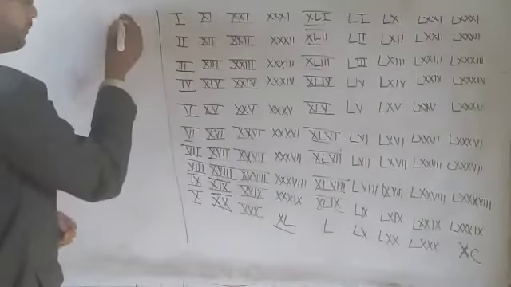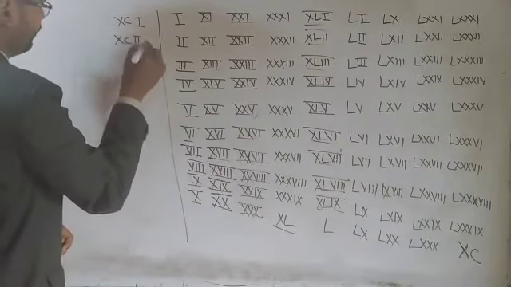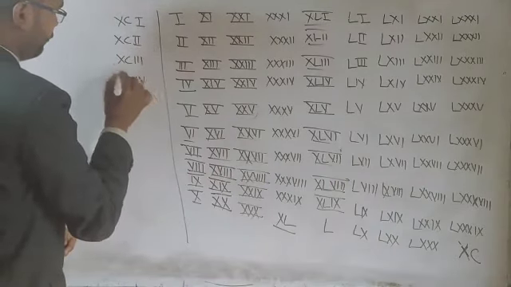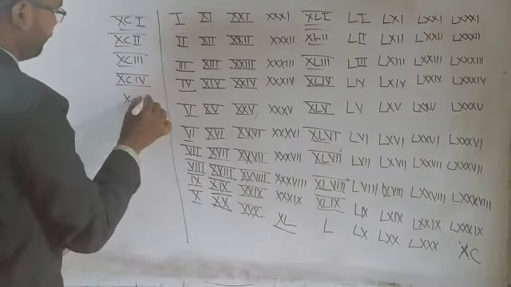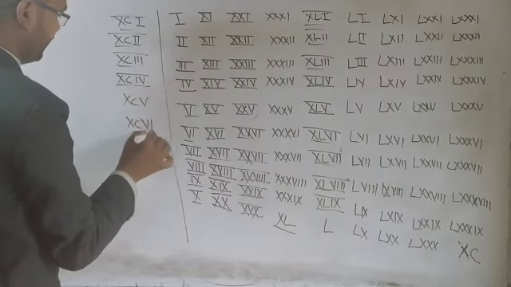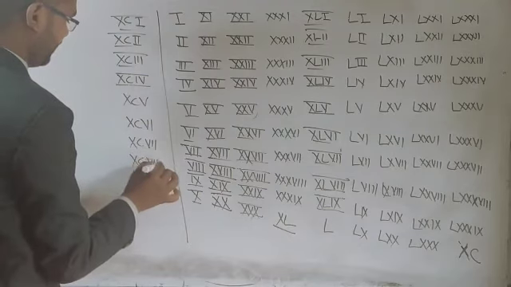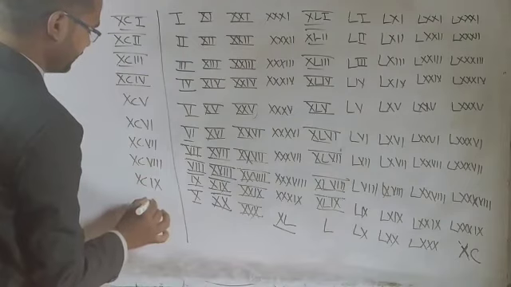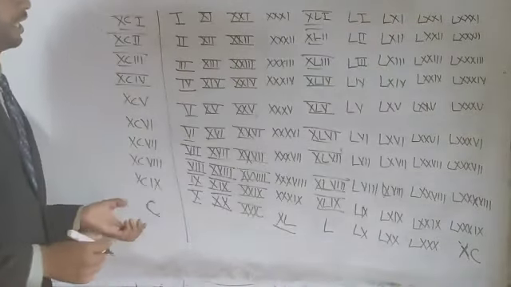Now I am writing here XCI 91, 92, 93, 94, 95, 96, 97, 98, 99, 100 students. That is C. C means century, you know already. So that is up to 100. You can take a screenshot of this Roman count.